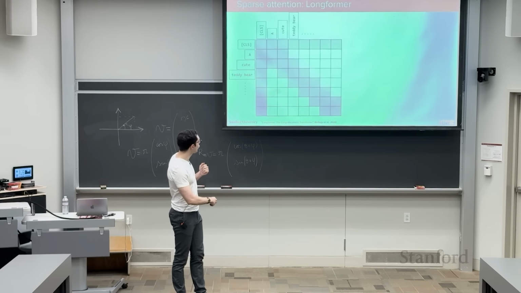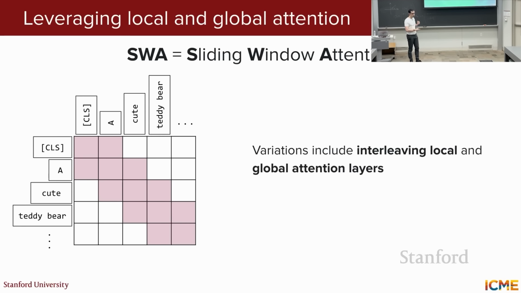So nowadays, when you have local attention like this, people use the term sliding window attention. When they use that term, they mean this, which is basically just restricting the attention to neighboring tokens.